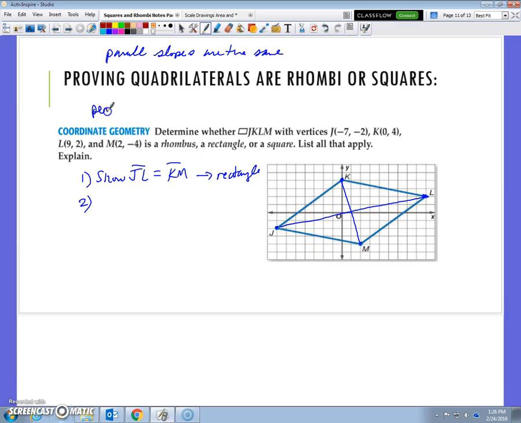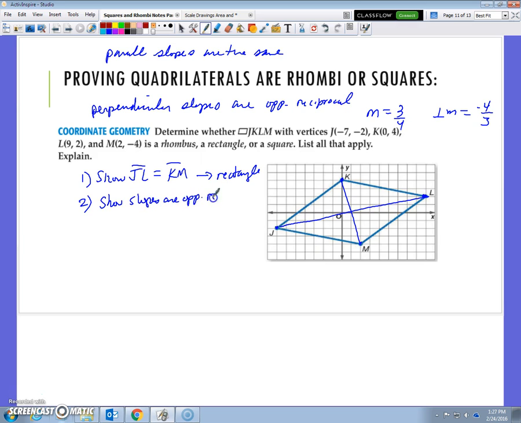Perpendicular slopes are opposite reciprocals. So for instance, if I had a slope of 3/4, its perpendicular slope would equal -4/3. So for it to be a rhombus, I would have to show the slopes are opposite reciprocals.